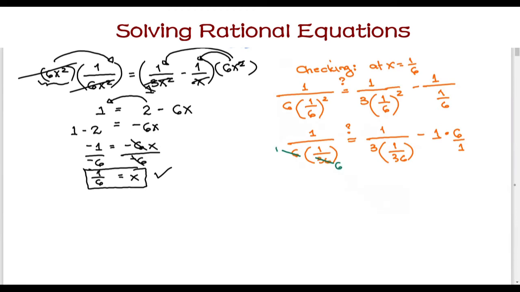Tapos ito, wala na. 1. So ano yung meron kayo sa ilalim? 1 over 6. So, again, what is 1 over 1 over 6? You may do like copy the numerator times the reciprocal of the denominator, which is 6 over 1, like that. Is this really equal to?